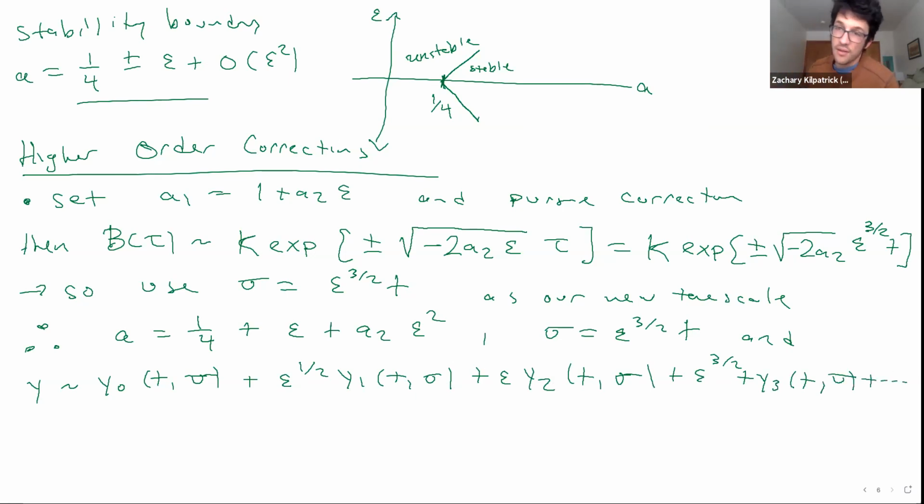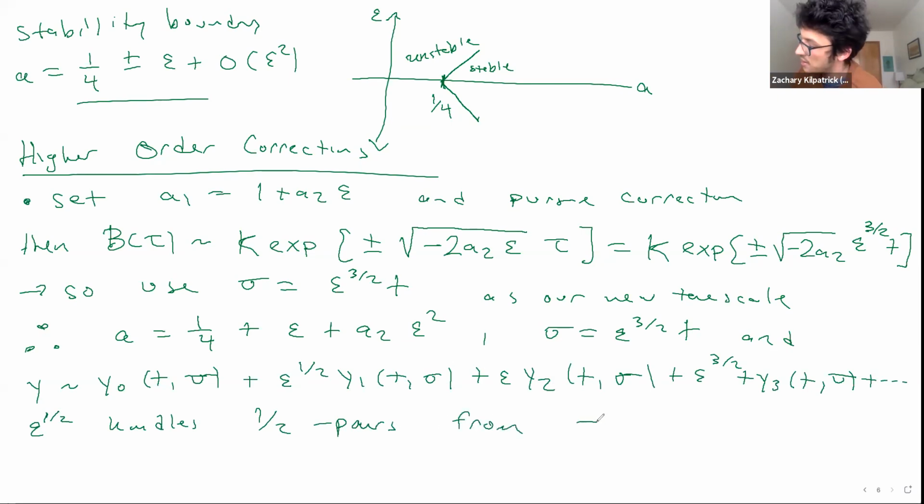So it just involves a lot of bookkeeping to climb the hierarchy of epsilon powers, okay? So epsilon to the 1/2 handles half powers from the time scale sigma equals epsilon to the 3/2 t. Okay. All right. So we're not going to finish this today. I'll probably stop halfway through.